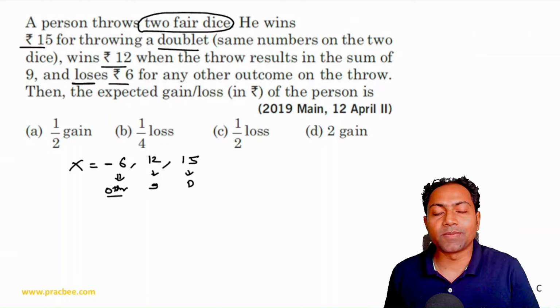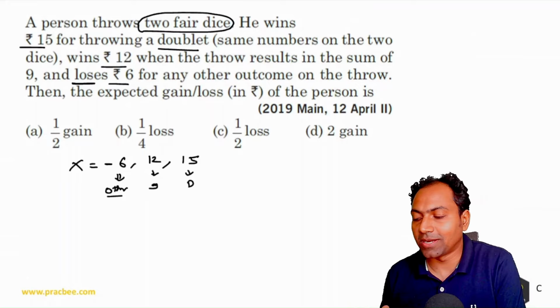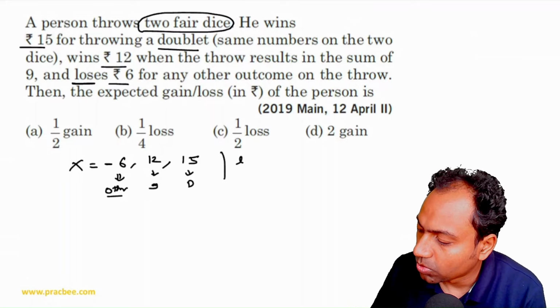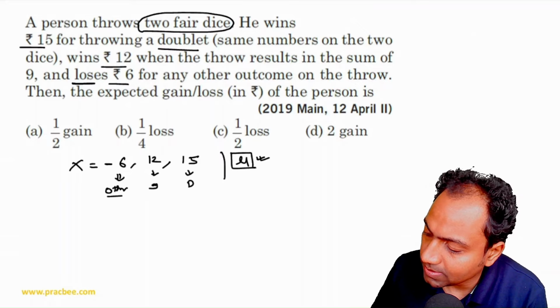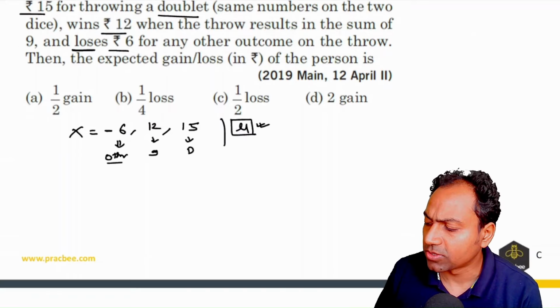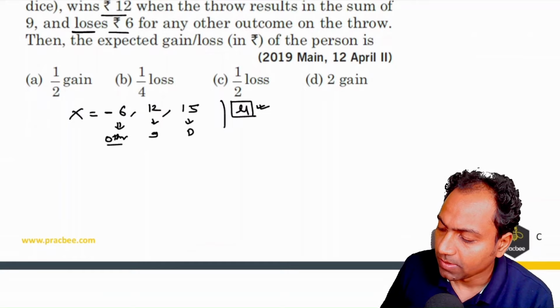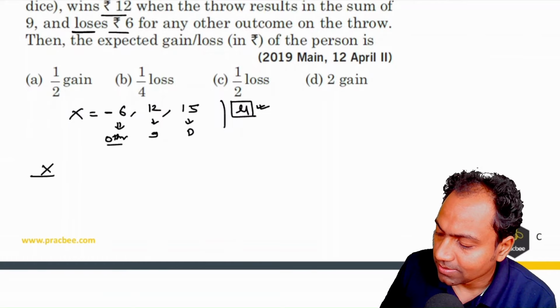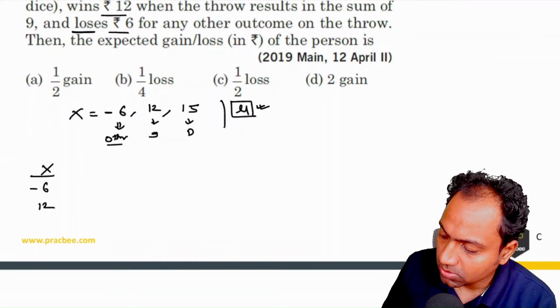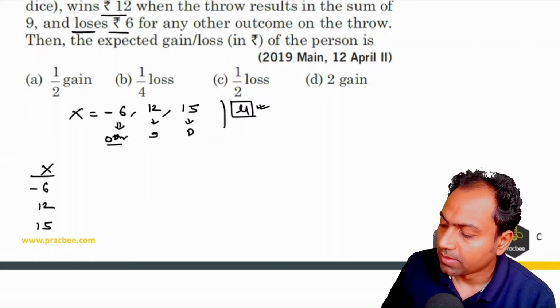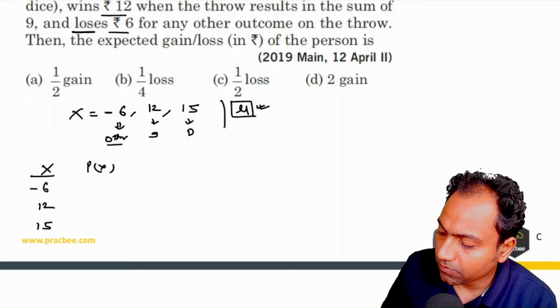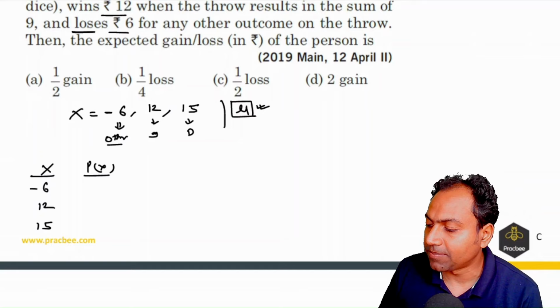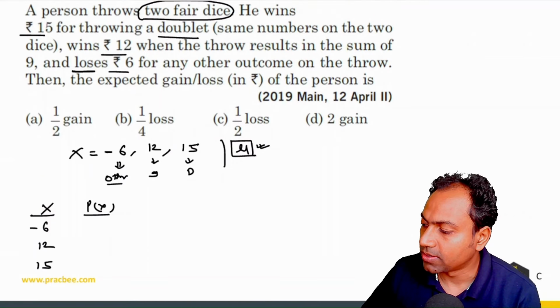So this is the random variable they have given to us in order to study, and what they want is nothing but mu of this random variable. Let us see how the probability distribution table looks like. If I write x here, so the values can be minus 6, 12, 15. So now p of x would mean all the outcomes except, now if I write all the possible outcomes here, it will be easy.